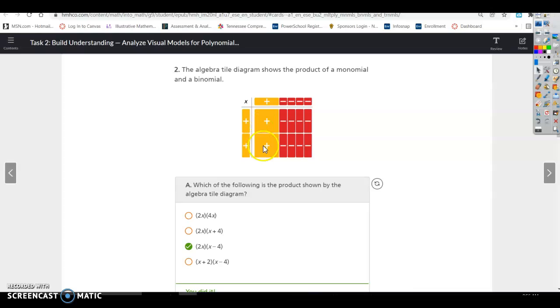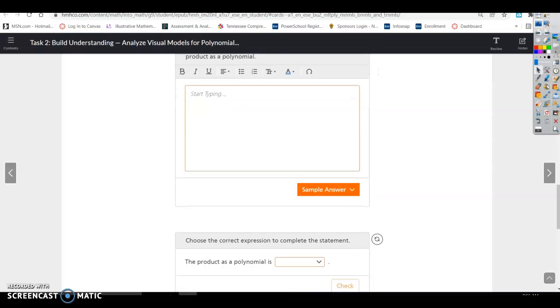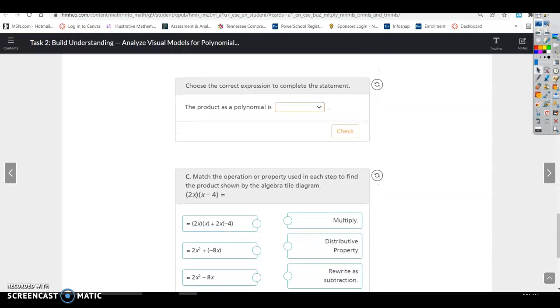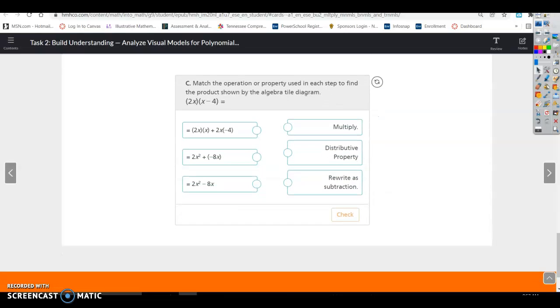So this represents 2x squared, and then it looks like negative 8x. That's how you could use the picture there to see that. So the product is 2x squared minus 8x.